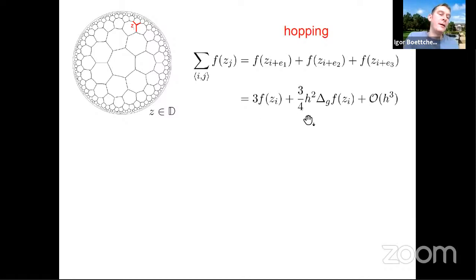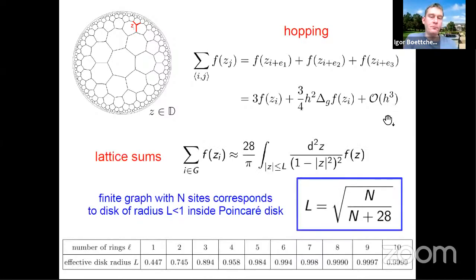Okay, then nothing happens. The linear term vanishes, and the quadratic term is precisely h squared, which is related to this lattice constant, which is not tiny, but small. And then this hyperbolic Laplacian. So you start from a graph, you put it on a Poincare disk, you make a Taylor expansion, and this operator shows up. I think this is really very beautiful. It's very natural how it appears, and it's not any other operator, it's precisely this one. But you have, of course, cubic corrections and quartic, which are smallish, but can sometimes be important.